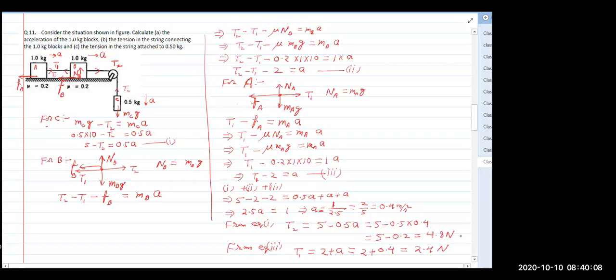So these are the two tensions: T2 is 4.8 Newton, and T1 is 2.4 Newton. These are the answers.